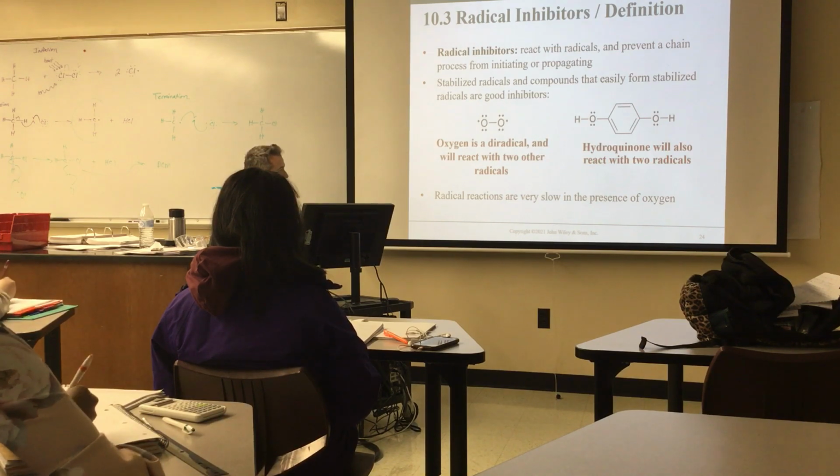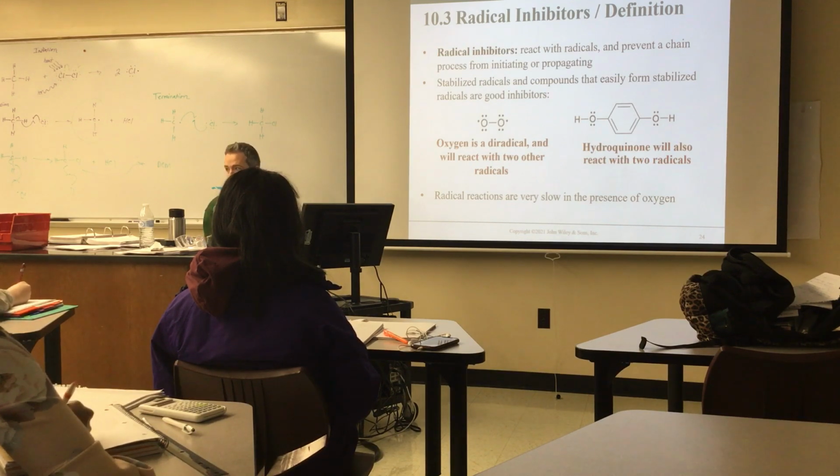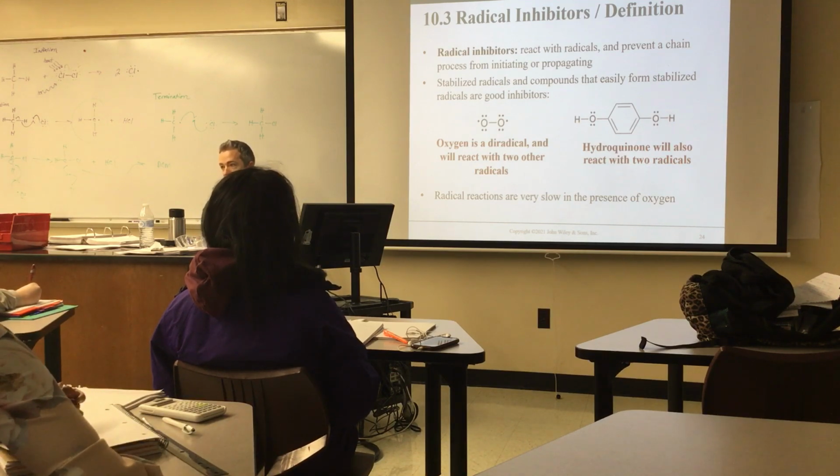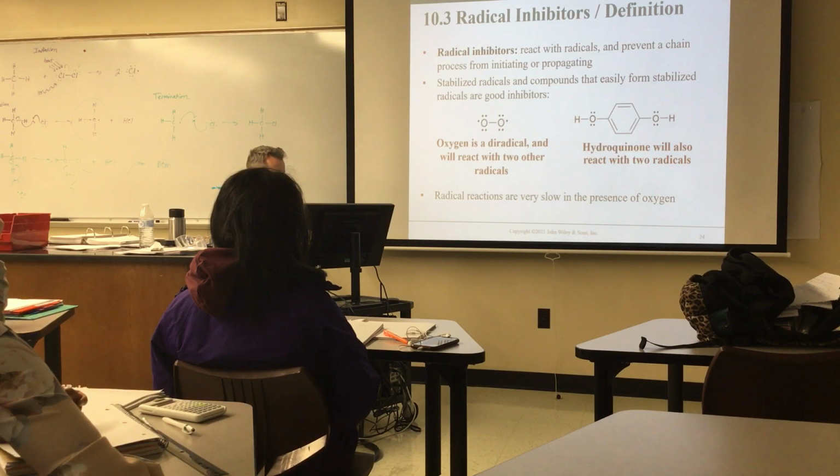Anytime you're running a radical reaction, you have to purge oxygen out with argon or nitrogen gas, so that you're not scavenging any of those radicals using oxygen. So they are considered inhibitors, and I'll show you why.